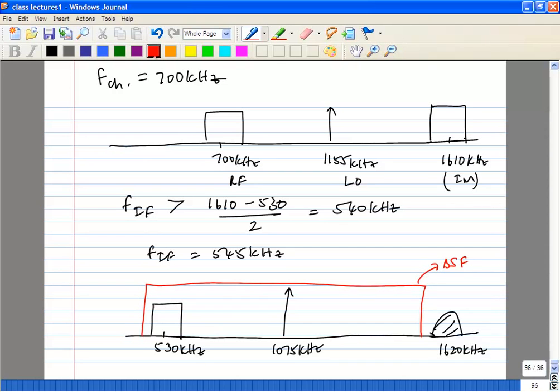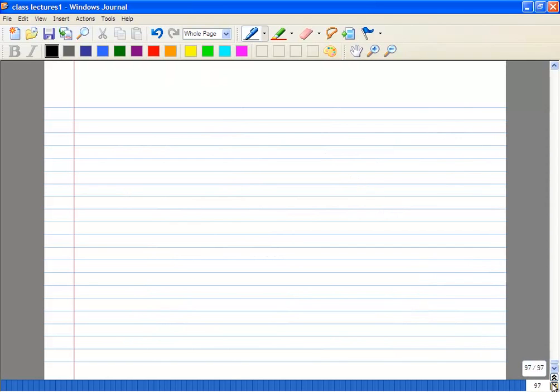Okay, you assume it's going to knock down things outside. Okay, and of course the in-band things are still going to be there. So this is 1610. This is your last channel, right? So let's see what happens when you do the mixing operation.